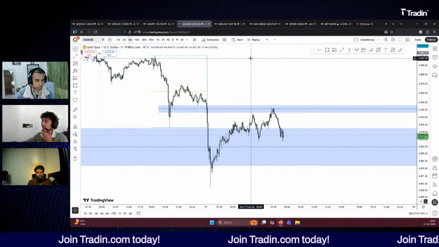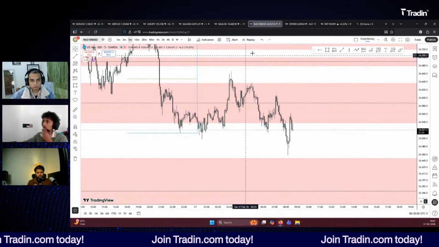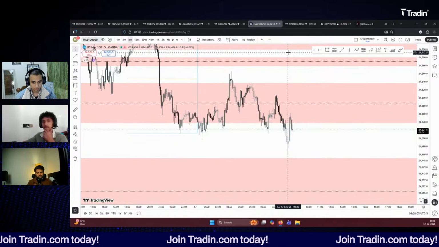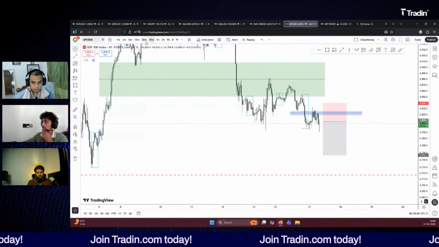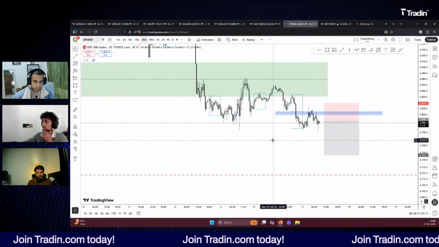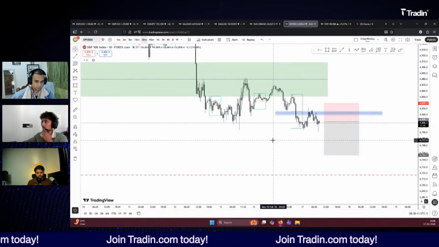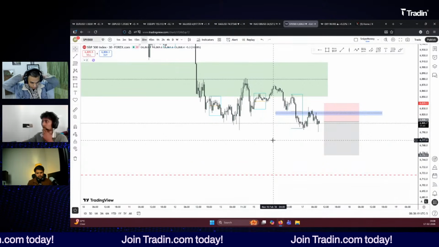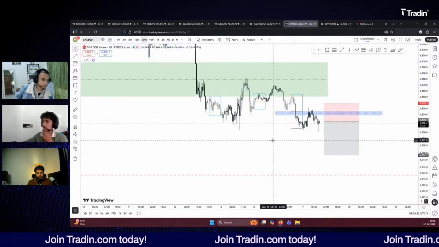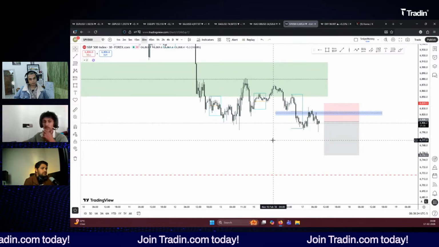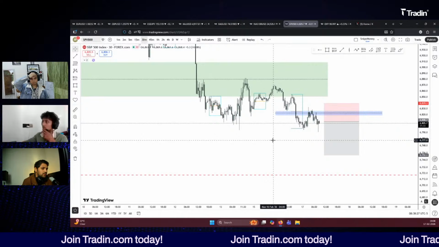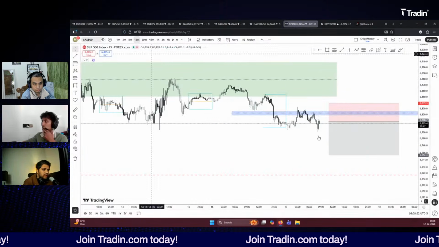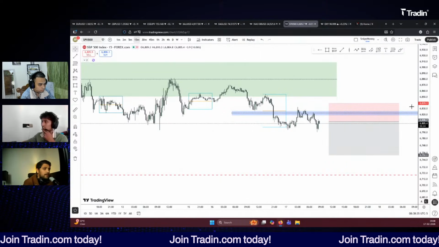Now we have what's going on between the United States and Iran. I think they're going to find a common ground, because it's just not the best for them to go into a war. Gold just dropped into the London lows.